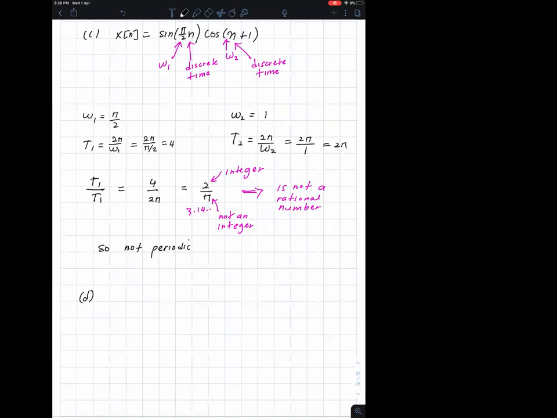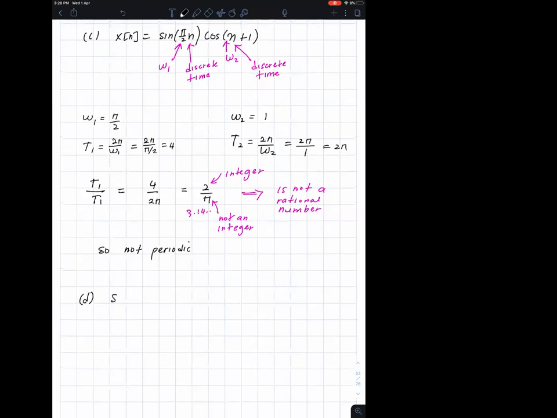So the next one is sine squared of 3 pi over 2 n, plus sine of 3 pi over 4 n.